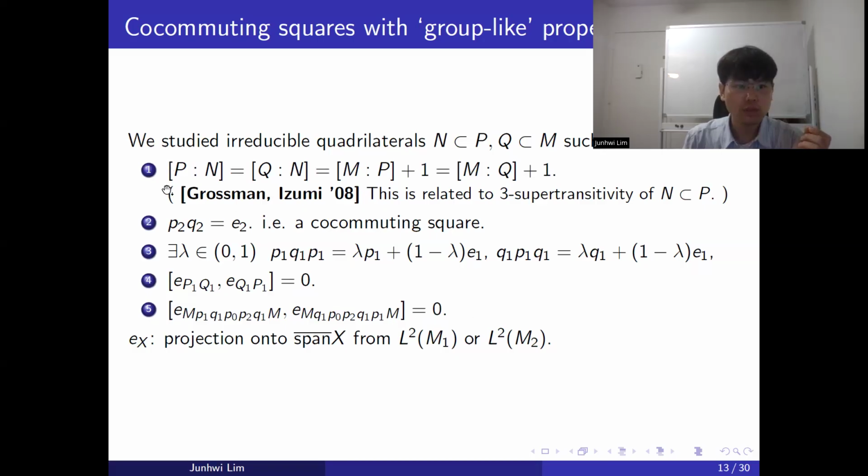But conditions 1 to 4 are also satisfied for the quadrilaterals of, let's say, the Haagerup subfactor and A_{h+1}, and A_{h+1} and A_{h+2}. So these are the next examples I wish to study, and these do not come from groups. Okay.